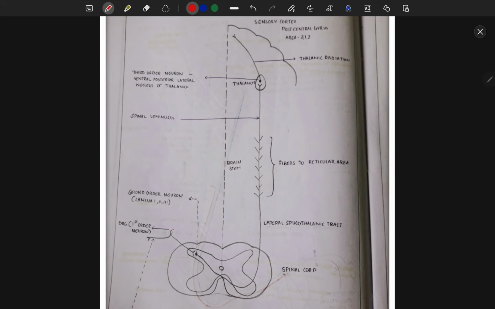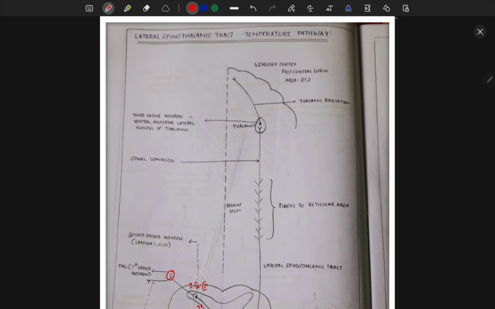So this is the dorsal root ganglia, and the first order neuron is relaying here, lamina 1, 2, 3, and the second order neuron originates and it crosses to the opposite side and it ascends and reaches the thalamus, VPL nucleus of the thalamus. And the third order neuron originates from here, and as thalamic radiation it projects to the sensory cortex, postcentral gyrus, Brodmann area 3, 1, 2.